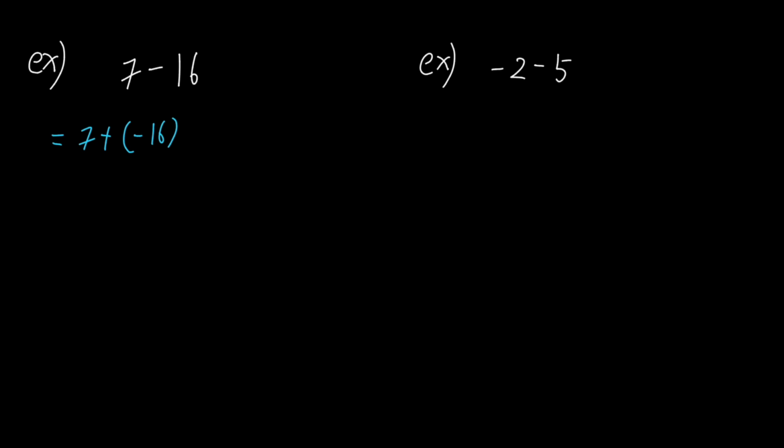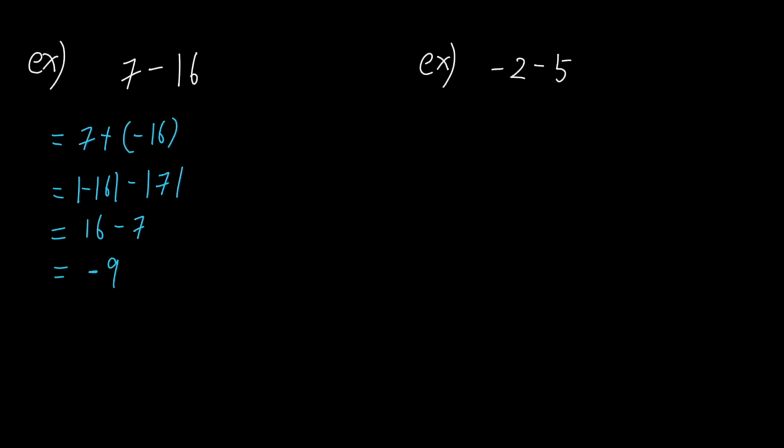Since this time it's addition with different signs, we don't care about the sign, and 16 is larger than 7, so we use the absolute value of negative 16 minus the absolute value of 7. Then 16 minus 7 is 9. But we have to go back to check. The 16 is negative, so we put the negative at the end.